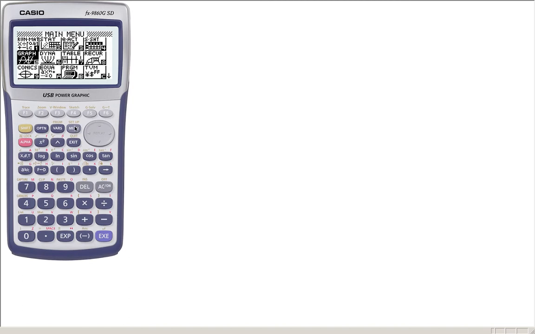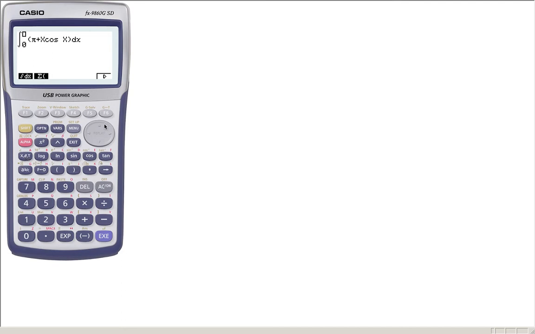So here, exit. Let me delete this. Go here, math, integral. So you can do it here. Let me type it. So pi plus x cos x. Close the bracket. 0 to pi.